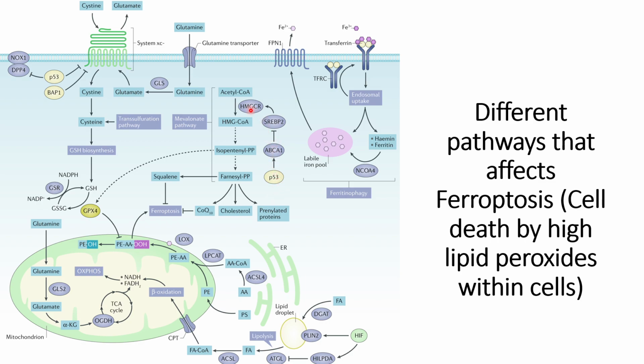So the P53 triggered pathway will finally lead to the acetyl CoA pathway, and then it will form CoQ10, squalene, and other similar compounds that will cause insensitiveness, that is, inhibition of ferroptosis within the cell lines. The formation of these pathways will cause inhibition of ferroptosis.